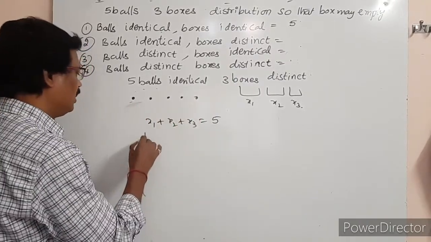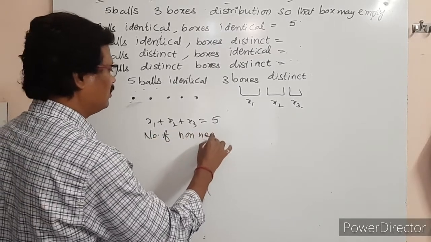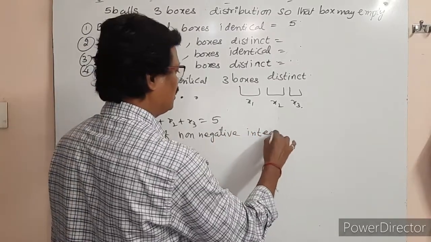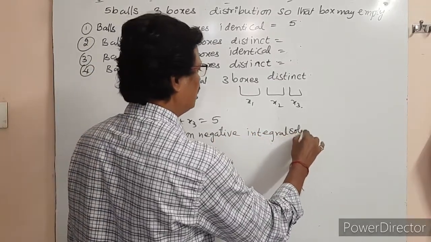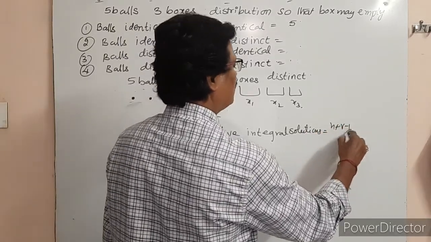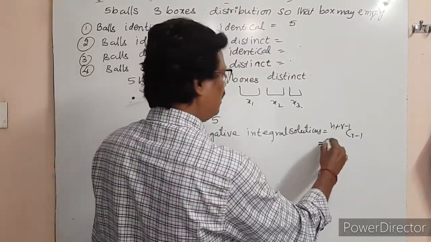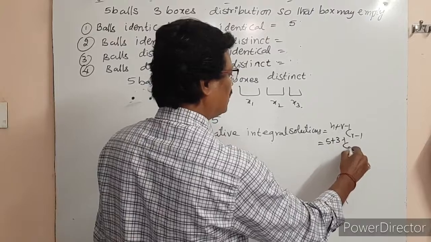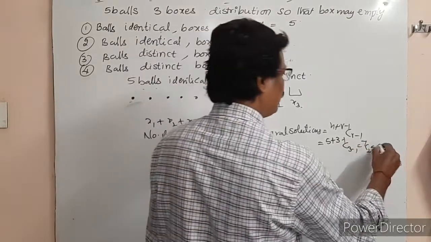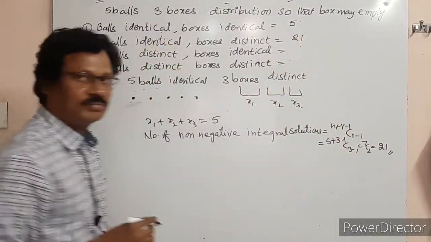Now this is nothing but the number of non-negative integral solutions, that is n plus r minus 1 C r minus 1. n is how much? 5 is there and 3 boxes. Therefore 7C2, right? This is 21 we got. Therefore this answer is 21.